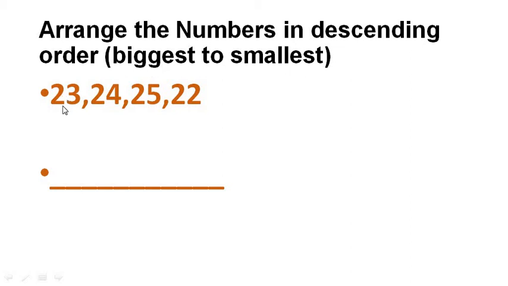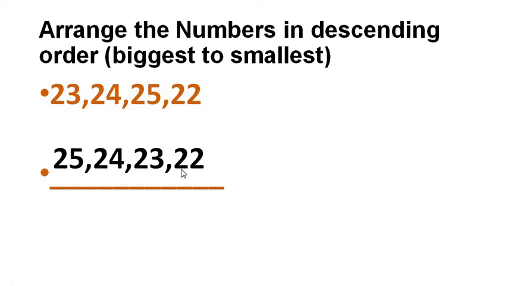Look, this is 23, 24, 25 and 22, and I want to arrange these numbers in descending order. So what should I do? First of all, I have to write number 25, then 24, after that 23, and at last the smallest among all the given numbers, which is number 22.